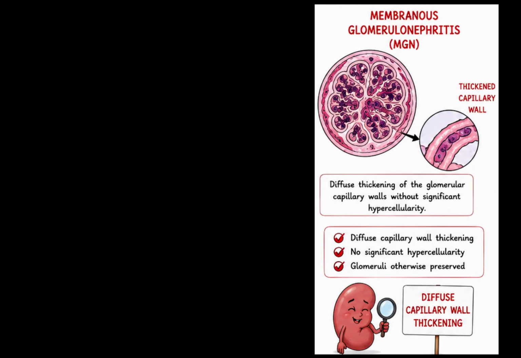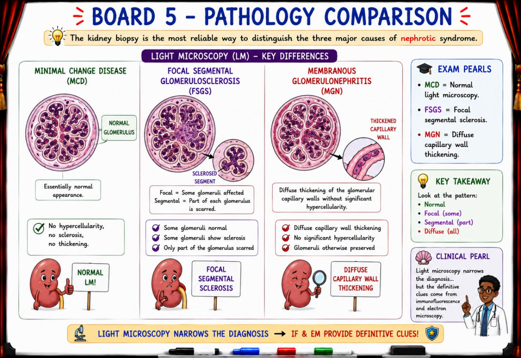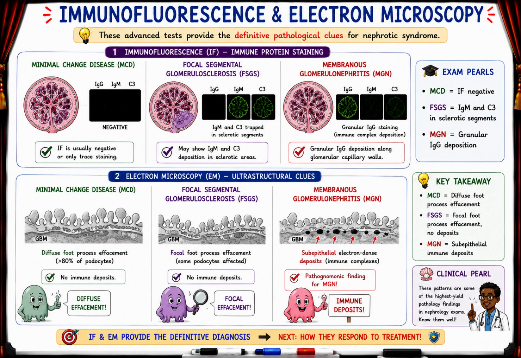MGN demonstrates diffuse thickening of the glomerular capillary walls without significant hypercellularity. For examinations, remember this: MCD, normal light microscopy; FSGS, focal segmental sclerosis; MGN, diffuse capillary wall thickening. Light microscopy narrows the diagnosis, but the definitive clues come from immunofluorescence and electron microscopy.